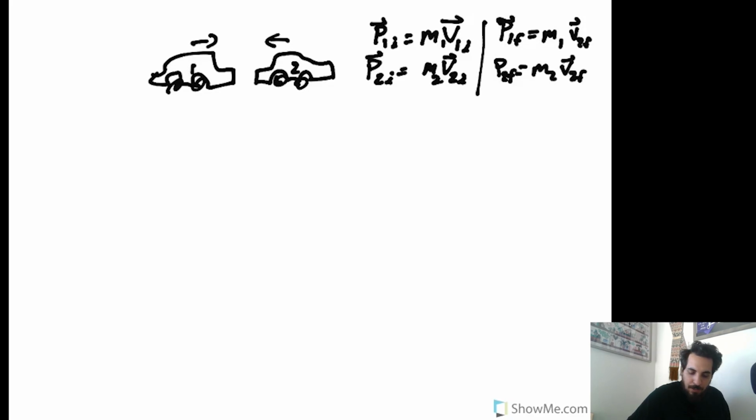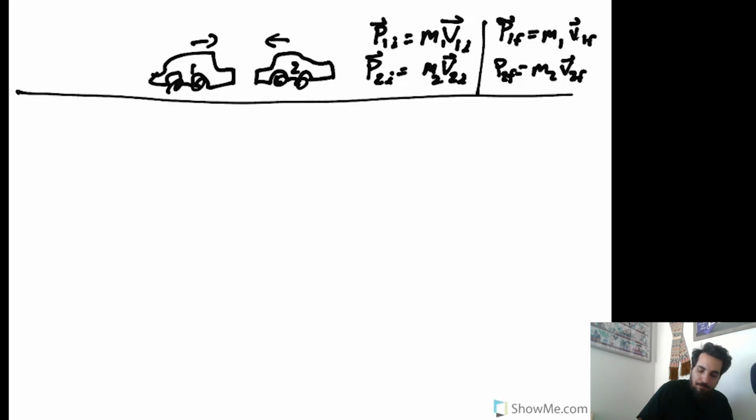This should have been an m1 final. So we have our defined momentums. And this is just to say that there exist quantities of momentum here. Depending on what the masses are and the velocities are, we can figure out what that quantity is, but we're not getting bogged down by the specifics of what the momentum is, the actual value of it. We're just saying that it does exist.